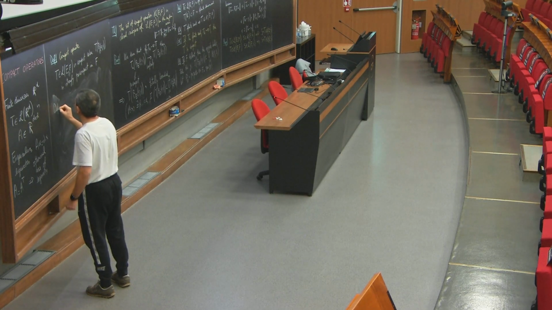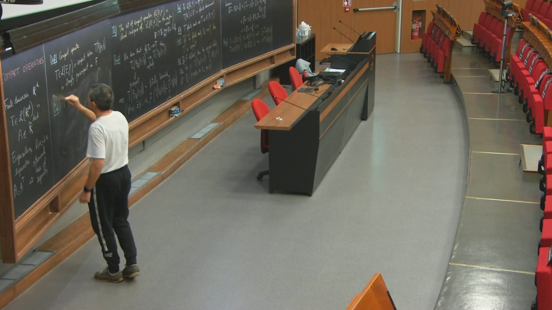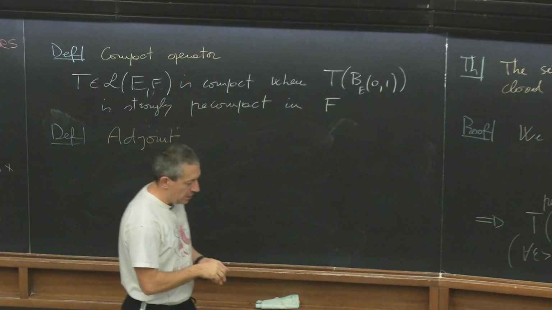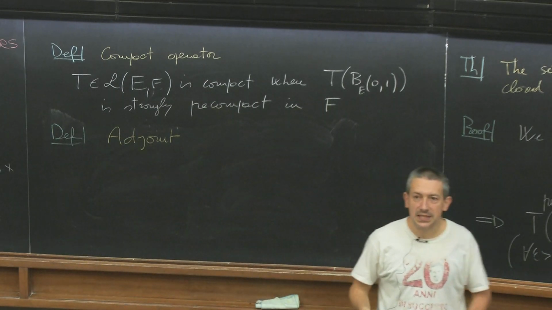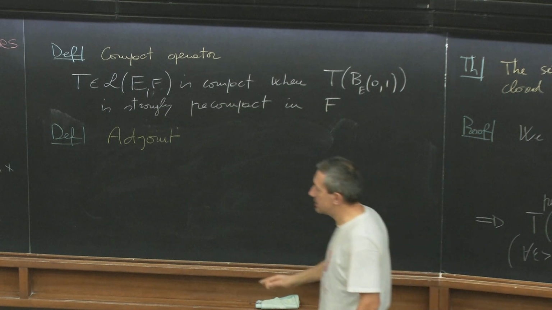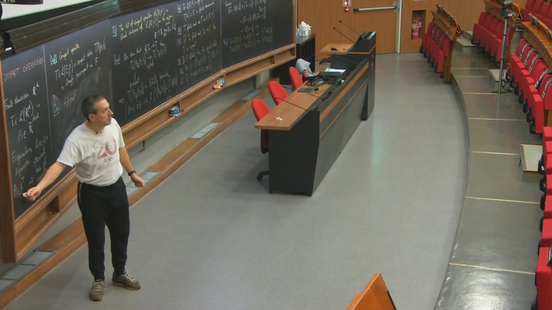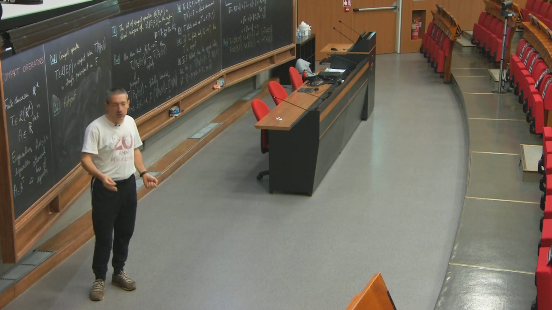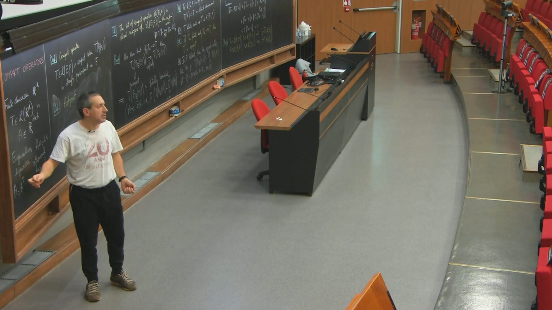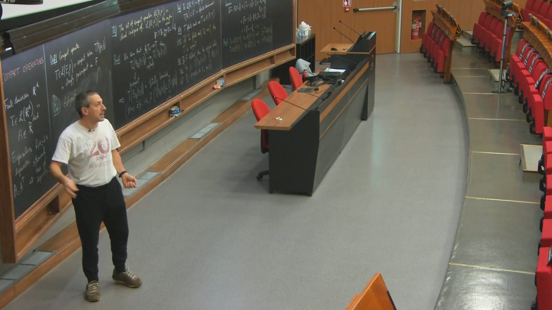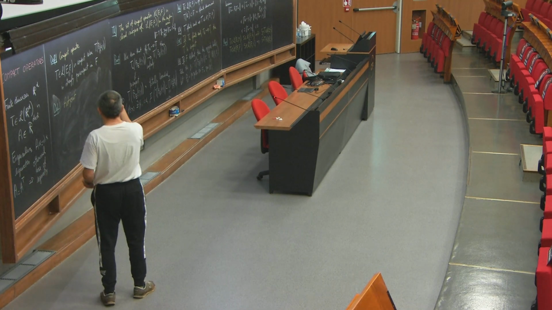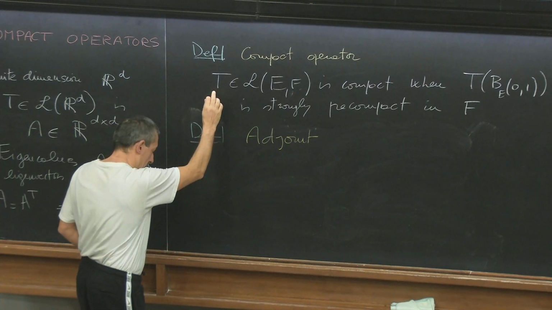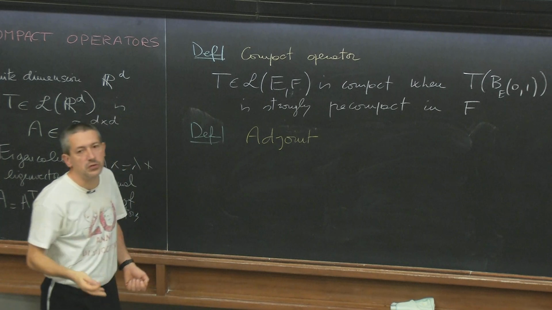So, definition: we need to know what an adjoint is. The adjoint is nothing else than the transpose. I just want to rephrase the operation of transposing matrices into an operation on continuous operators.